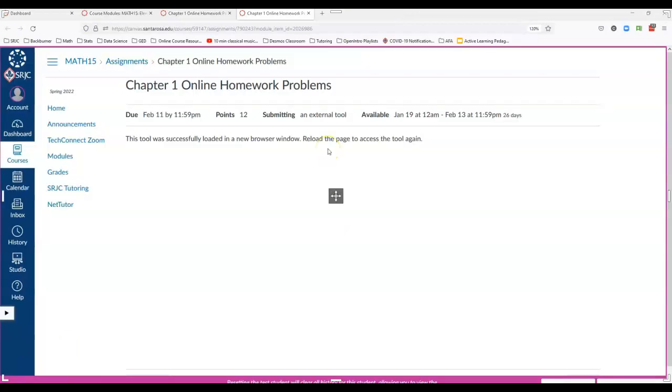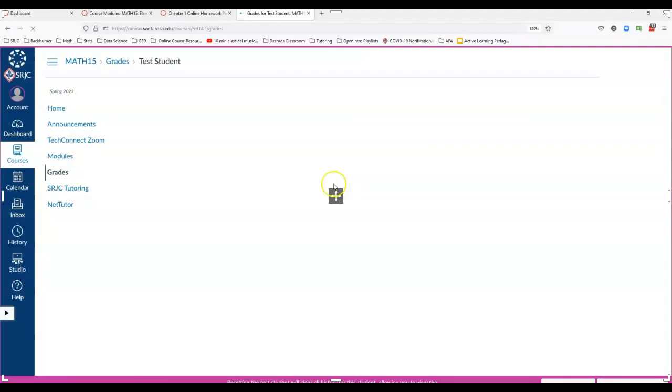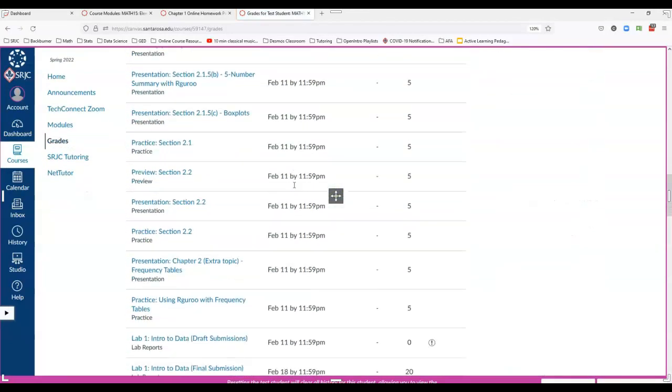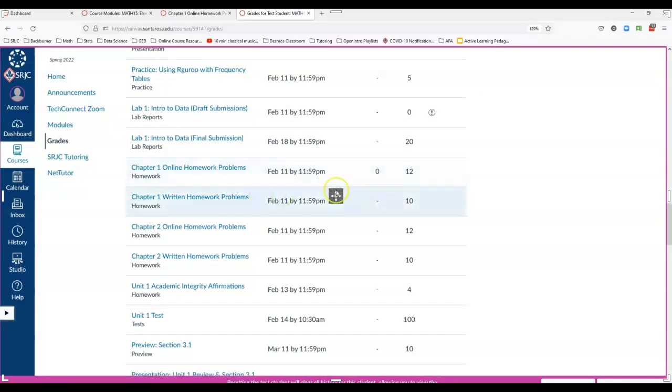Now, the last thing I want to point out about the online homework problems is that if I were to go to the grades at this point and take a look at my Chapter 1 online homework grade, I would notice that it shows a grade of 0 because remember, I answered a question incorrectly. The score for your online homework problems is automatically updated within Canvas as you're working through the homework.